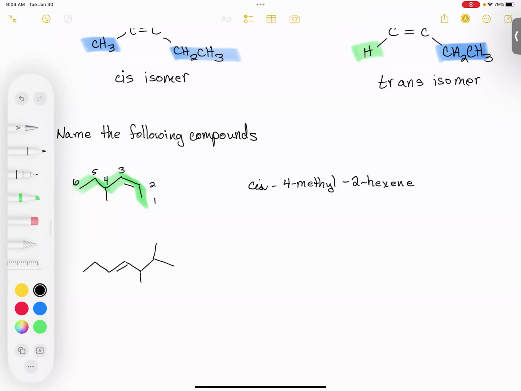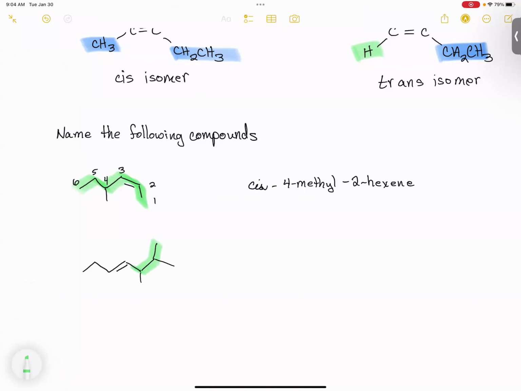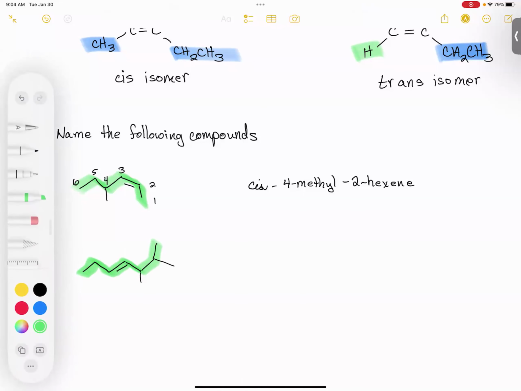The next one, the longest one, you could have gone up or down on that piece, but it includes all of that. We number so that the double bond gets the lowest number. That's our first option.